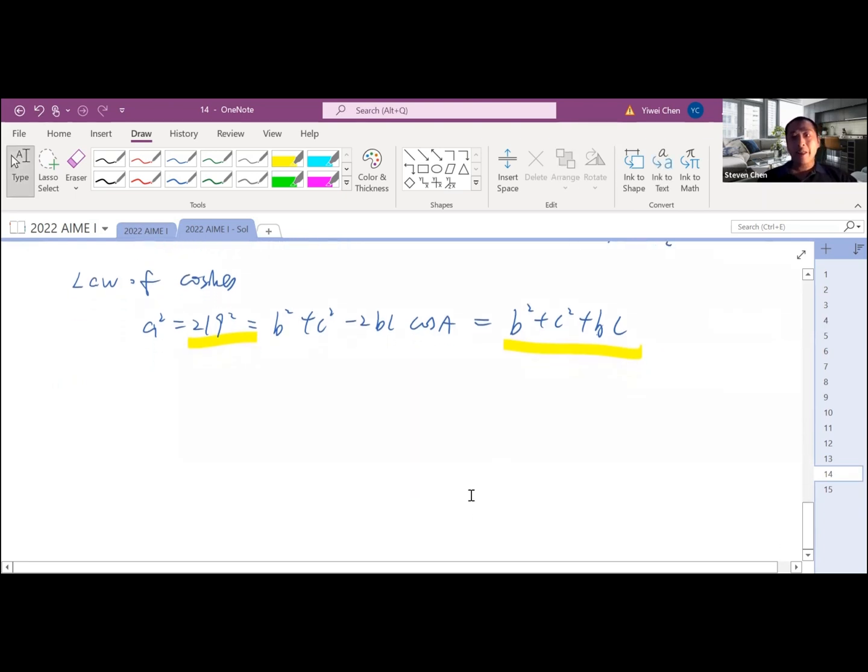So for this equation, actually, we are not worried too much about having the square term, but we definitely don't like the cross term. How do we get rid of the cross term? So this is perhaps what we could try to do. Let's try to multiply both sides of the equation by 4. Then we get the following equivalent one. So 4b squared plus 4c squared plus 4bc is equal to 219 times 2 is 438 square.